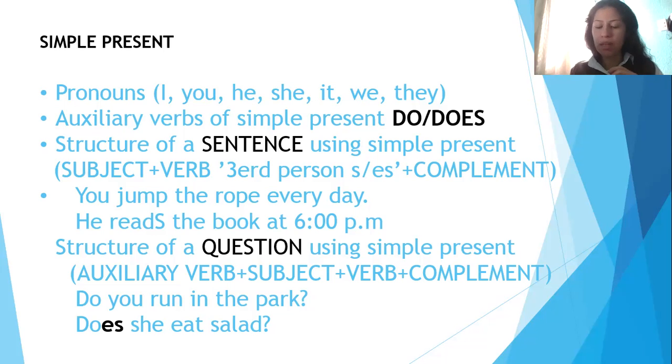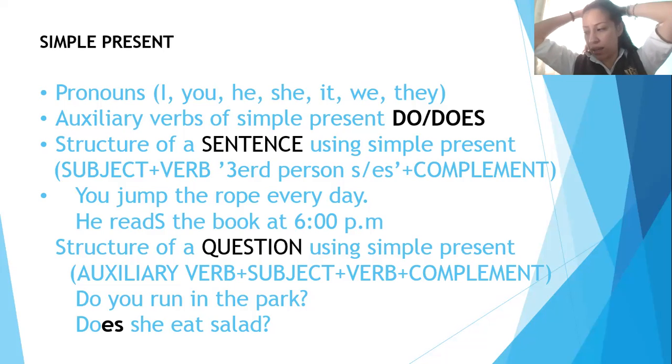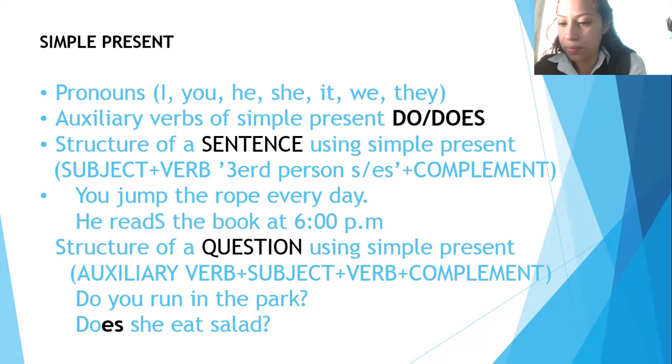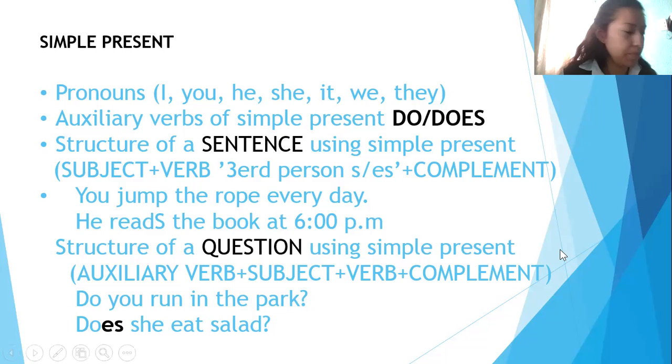Then I'm going to change the slide, and we are going to talk about something important today: comparison. Please write.